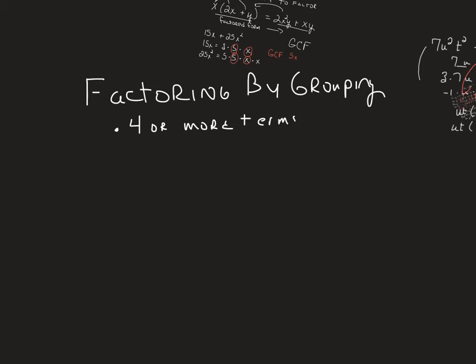All right, you can't use factoring by grouping with 3. Terms must have common factors that can be grouped. Just because you've got 4 terms doesn't mean they have common factors that can be grouped, but to factor by grouping, the terms must have common factors that can be grouped together.